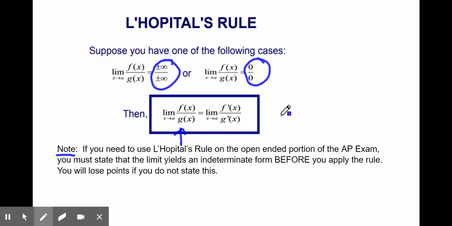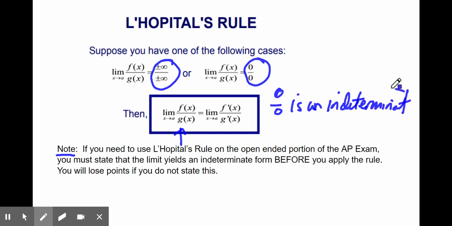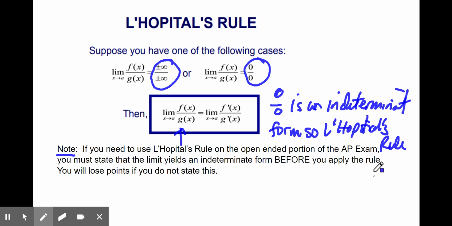All you have to say is something like, 0 over 0 is an indeterminate form, so L'Hopital's rule applies. This is really all you would have to say, something to this effect. However, if you do not say this, you will not get full credit for the problem.